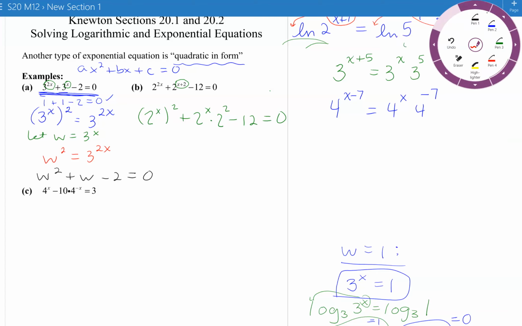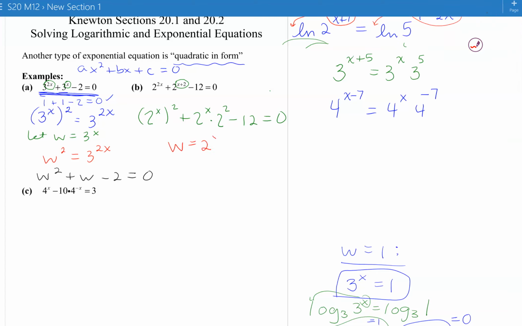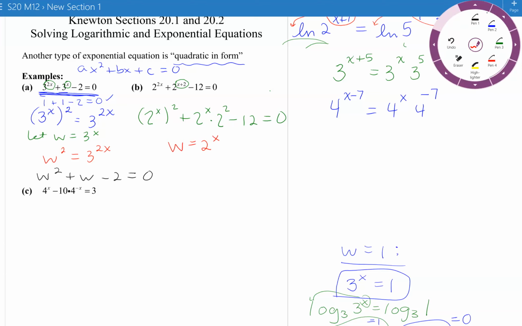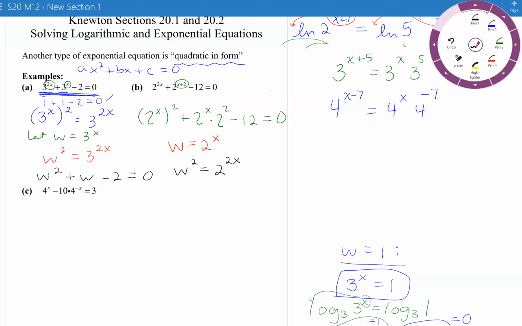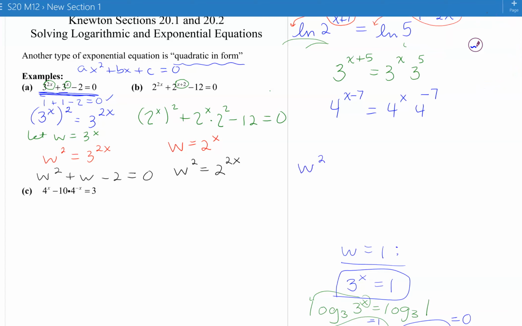So now I'm seeing that if I let w equal 2 to the x, and then I square both sides, w squared is going to equal 2 to the 2x. And so I can rewrite my original equation as w squared plus 4w minus 12 equals 0. So the 4 is this 2 squared.